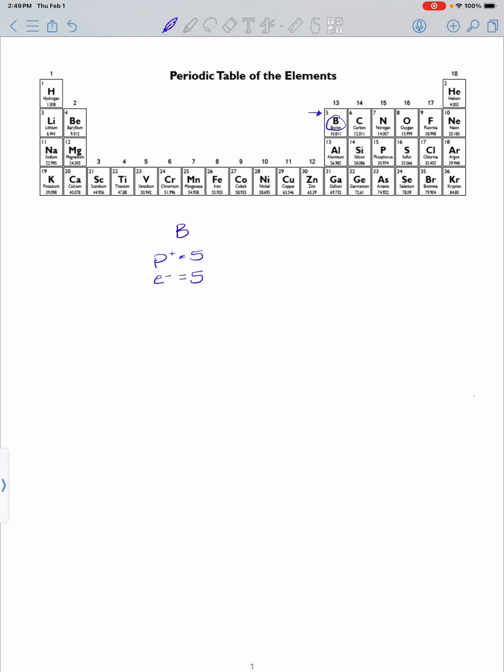So let's start by determining how many electrons are in the valence shell. So valence E. Our rules for filling our orbitals is that the first orbital can hold 2 electrons.